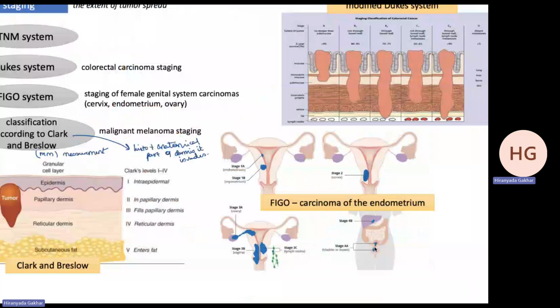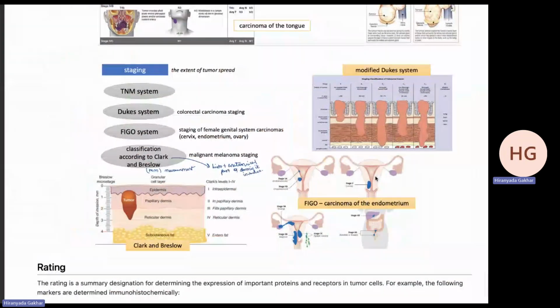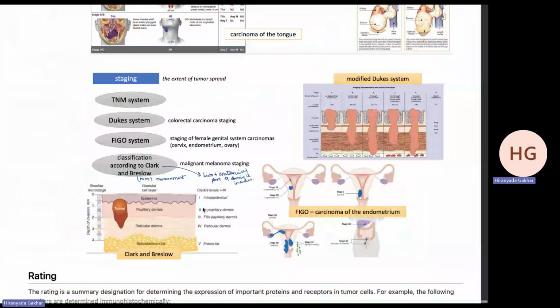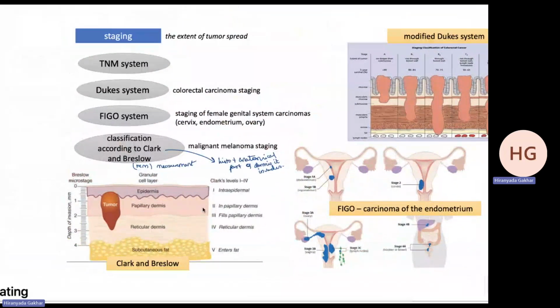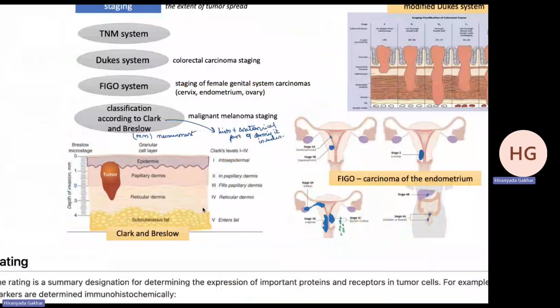And stage 4 is when there is distant metastasis or peritoneal metastasis of the endometrial carcinoma. Then there is also the Clark's and Breslow staging. This staging is used for the staging of malignant melanoma, and you will cover this in the melanoma question.